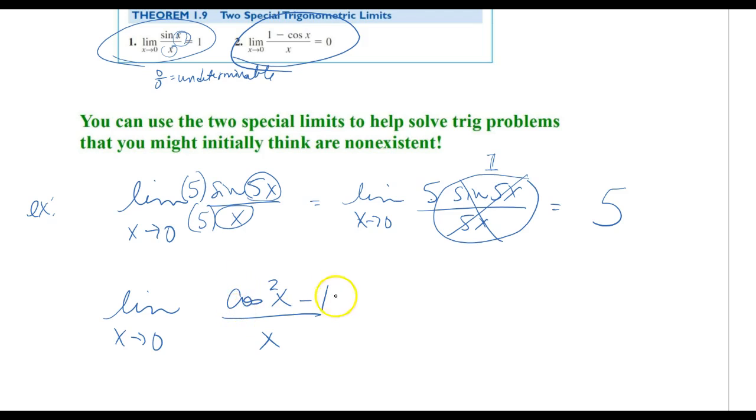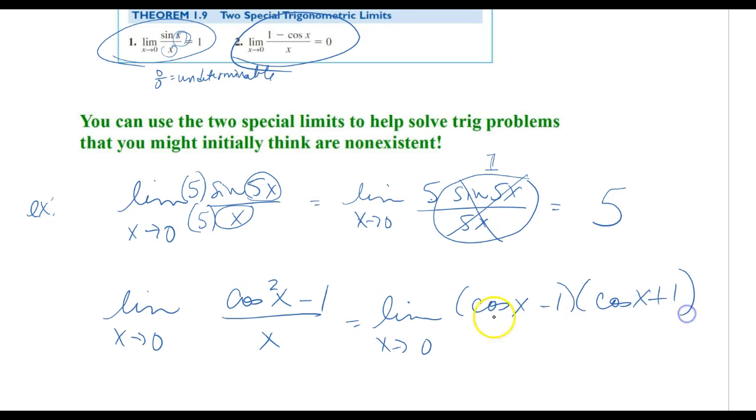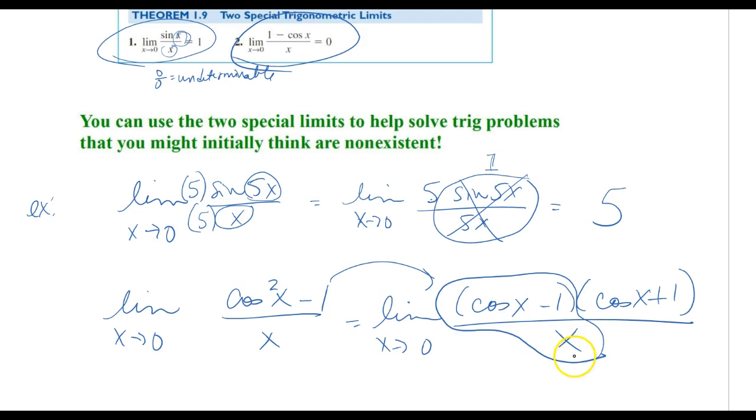Hopefully you noticed that this is factorable. Okay, and if this factors, this is a difference of squares. So if it's cosine squared x minus 1, you can actually write that as cosine x minus 1 times cosine x plus 1, all over x. So this factors into this, and once you do that, now look at this part. Okay, this part is very similar to what you see above.